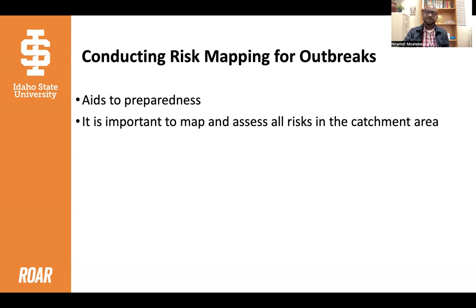It is important to map and assess all risk in the catchment area with the potential to affect community health and potential epidemics. And so risk mapping should be done across all levels, national, regional, and district. For example, evaluating drinking water sources or food storage methods and animal breeding areas and movements. Risk mapping should also be done regularly and updated periodically, for example, once a year, to assess those risks and record the information on a map.